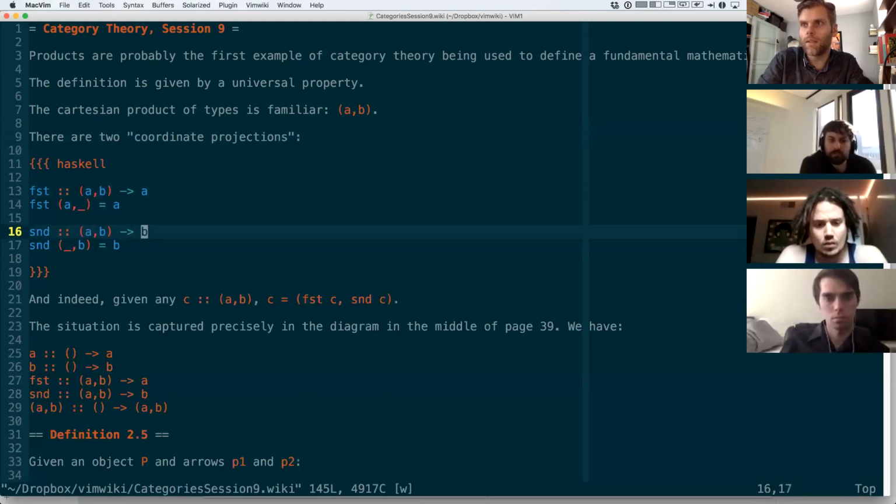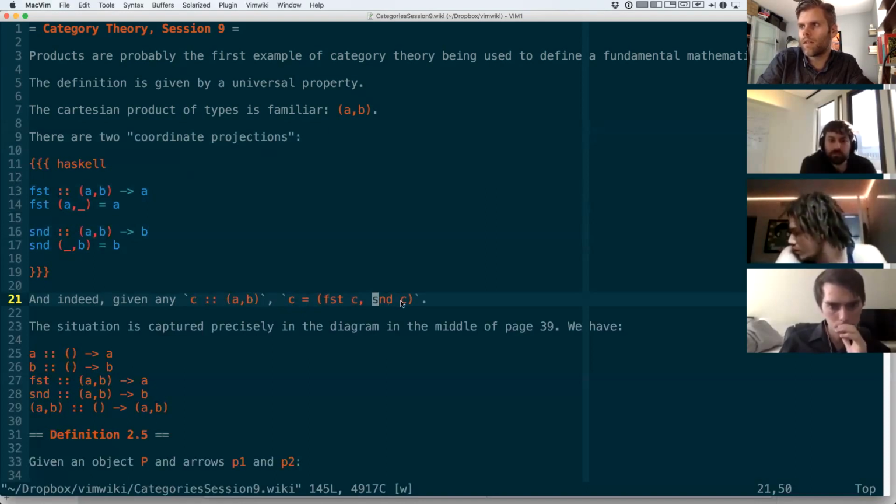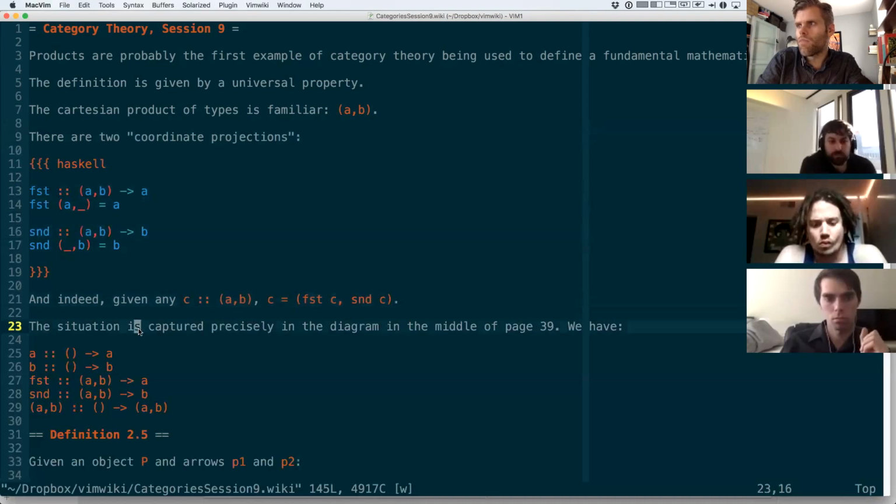So we can get the A out and we can get the B out, and these in Haskell are called fst and snd. And indeed, this follows the law that any C of type (A, B) is the same as (fst C, snd C). Seems obvious. If we deconstruct the product and construct it again, that's the identity.